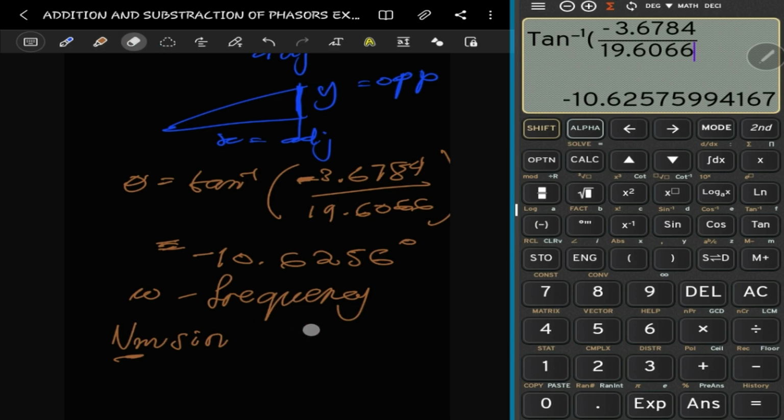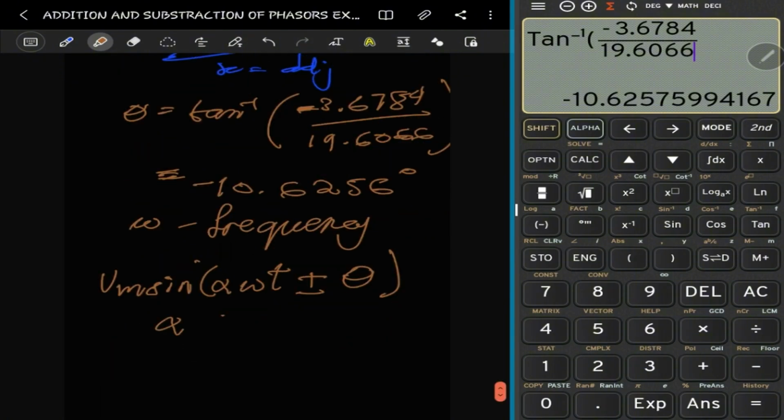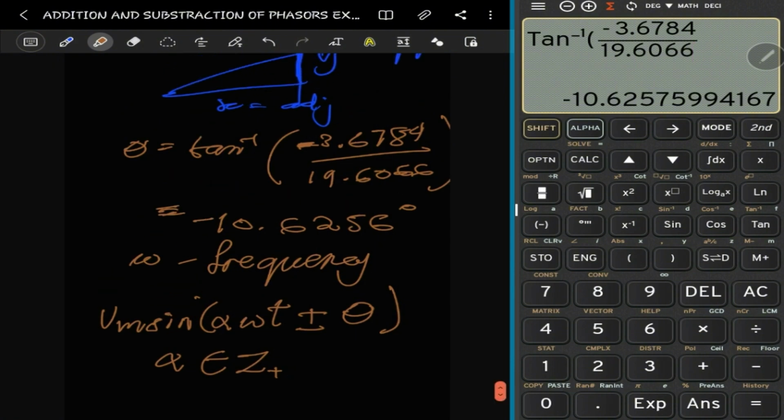So let's try this one. We have peak, sine wave, sine, and then we have W, T, and plus or minus theta, right? Where it's a positive integer, right? And this could be anything, it could even be 0, right?